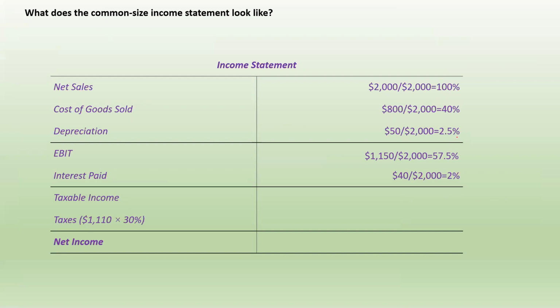Earnings before interest and taxes will be 57.5% of sales. Interest paid is 2% of sales. Then taxable income is 55.5% of sales. Finally, net income is 38.85% of sales.